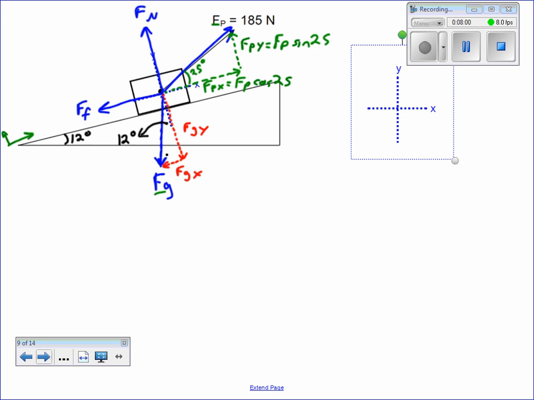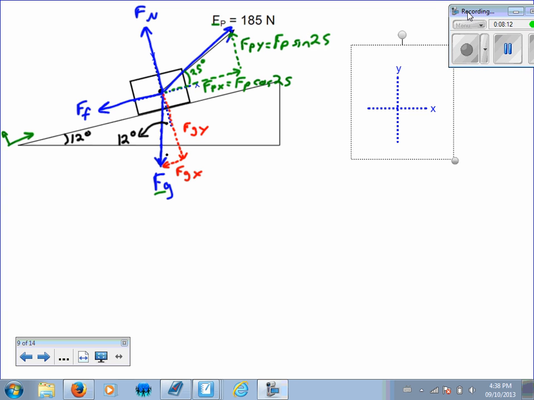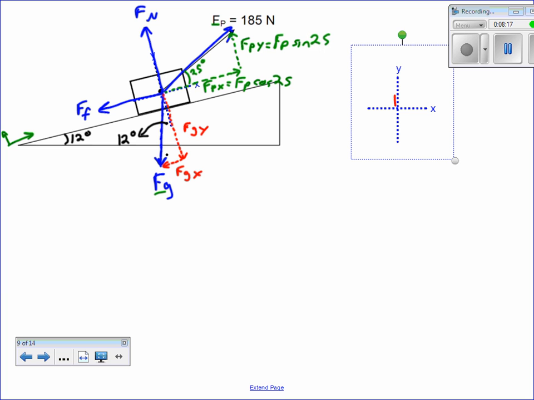So now what I have is a set of x and y components to these forces. The x components are in the direction of motion, the y components are in the direction of no acceleration. And I can draw them over here. On this axis, we have Fn, we have Fpy, we have Fgy acting the other way.